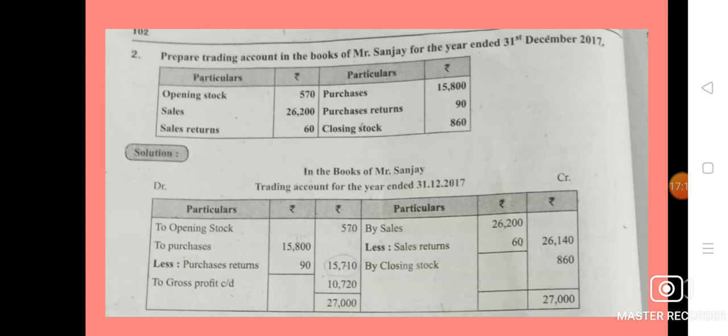The difference value is known as 10,720. This value we call gross profit.